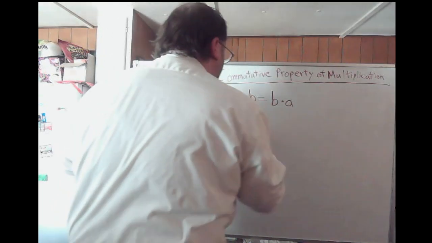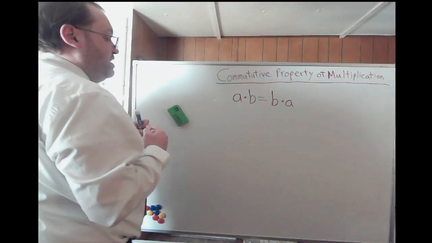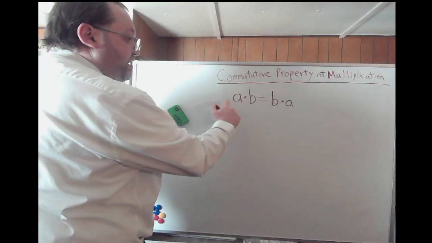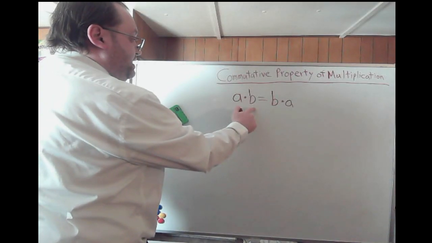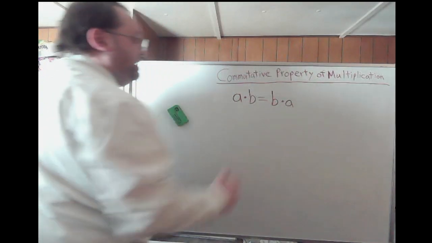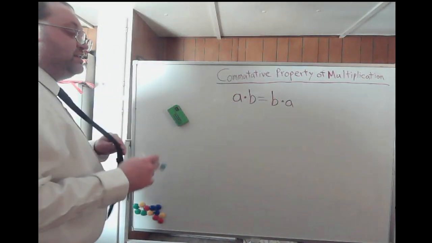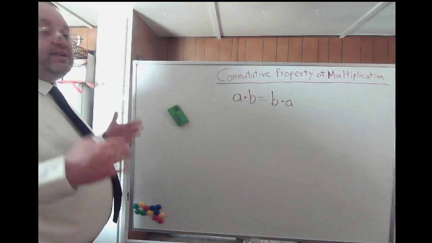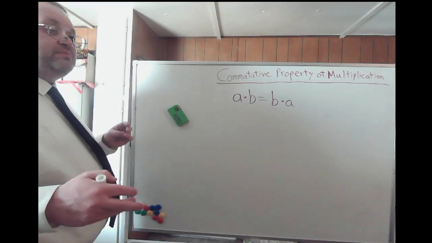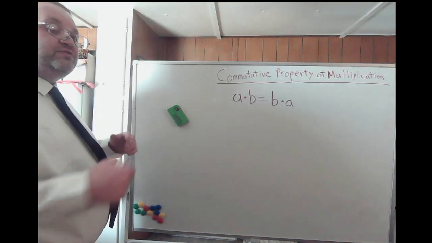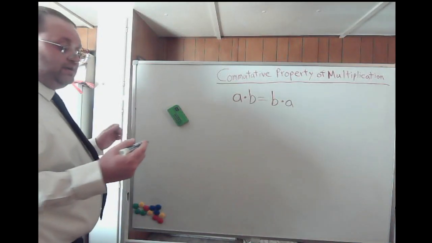Whenever you have the commutative property of multiplication, if you have any arbitrary number a times b, it is equal to b times a. So the commutative property allows you to move numbers around in addition and multiplication to sometimes make it easy for you to solve an equation. That's how you could do that.